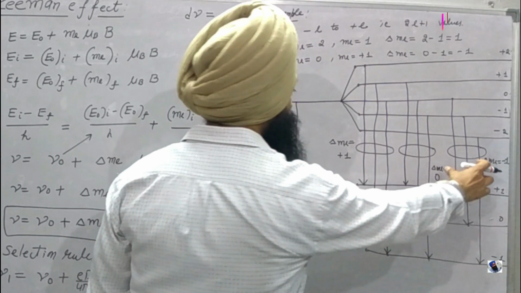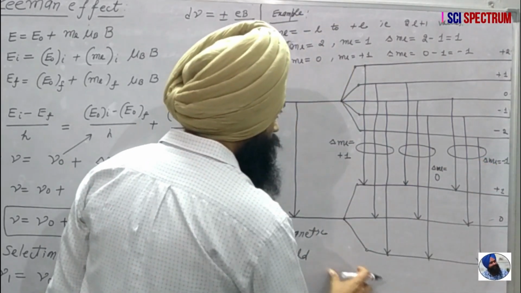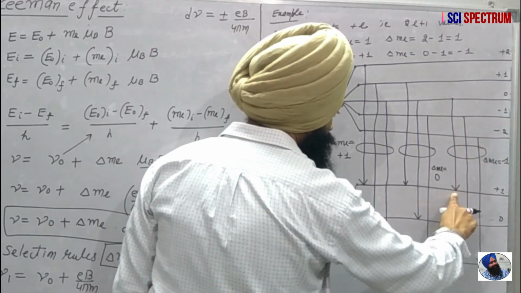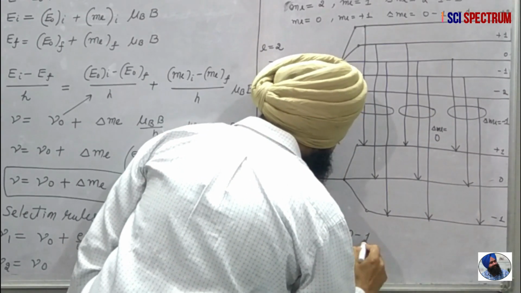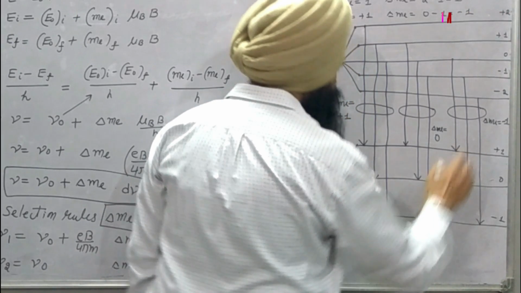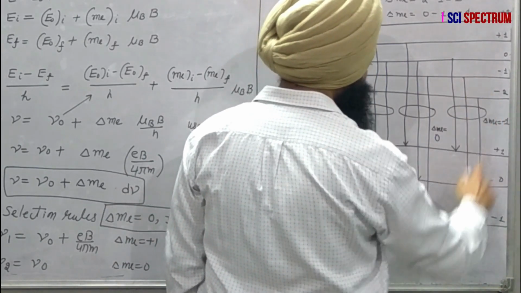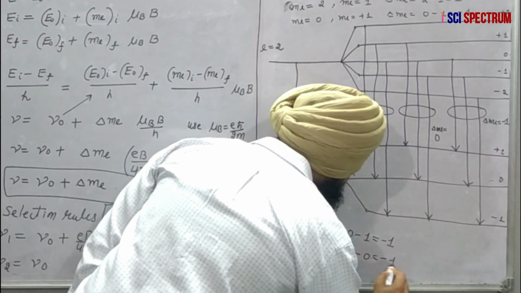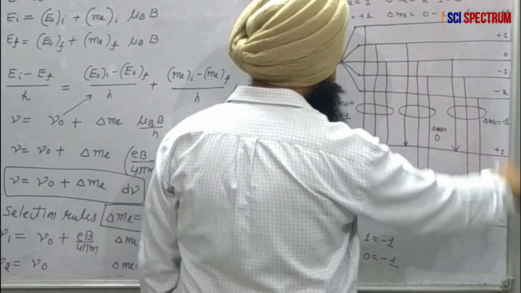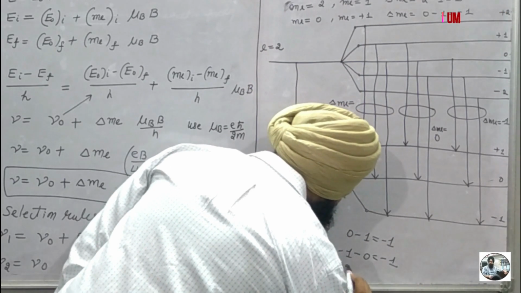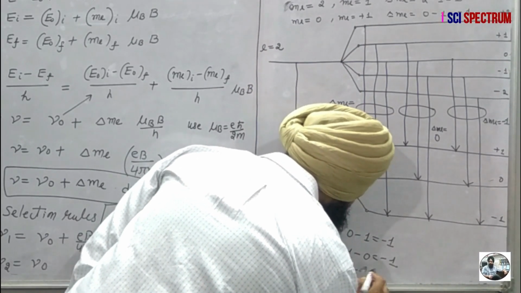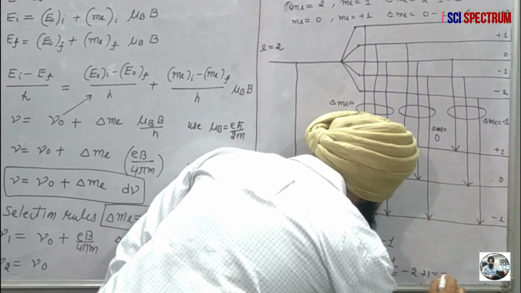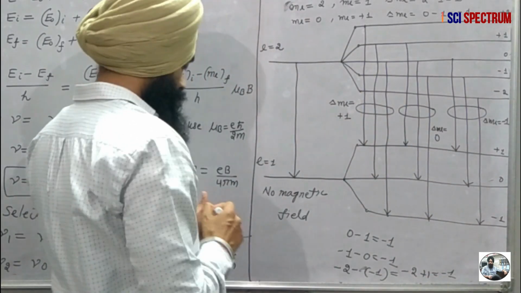We can consider these calculations here: from 0 to 1, 0 minus 1 is -1; from -1 to 0, -1 minus 0 is -1; from -2 to -1, -2 minus -1 is -2 plus 1, equal to -1.